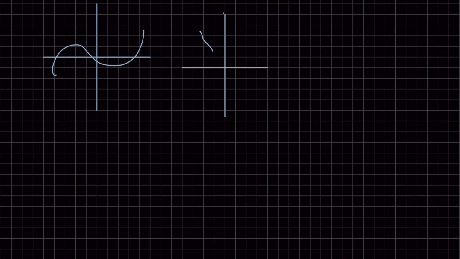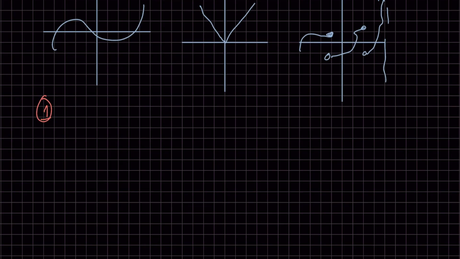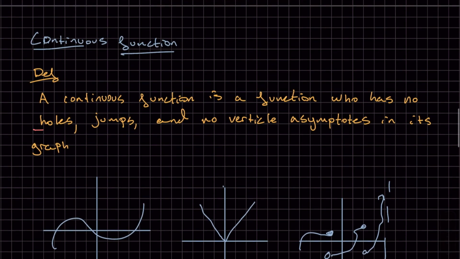We have a graph of the absolute value of x, and we have one more that looks something like this. Well, let's guess. Is this first one continuous or discontinuous? That's right, it's continuous. There are no holes, no jumps, and no vertical asymptotes.